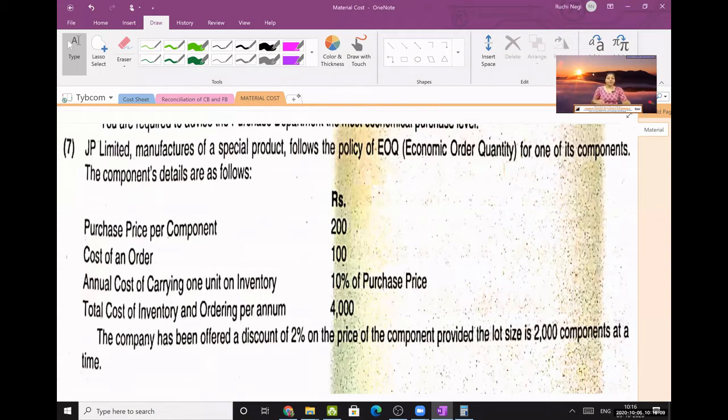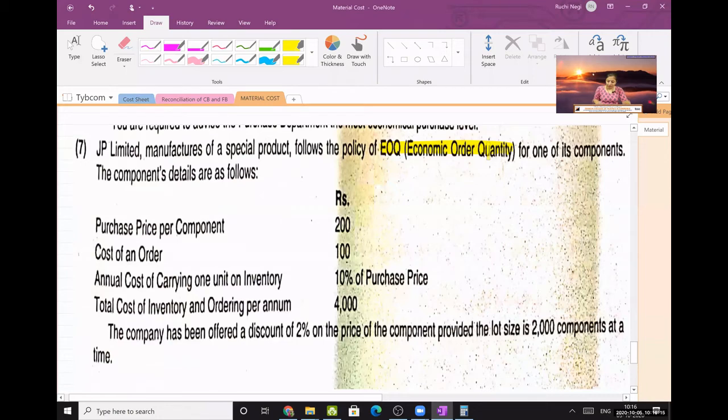JP Limited manufactures a special product, follows the policy of EOQ. For its one component, that is per unit. Purchase price per component. So the raw material price is given. Raw material price per unit दिया हुआ है कितना 200 रुपया.